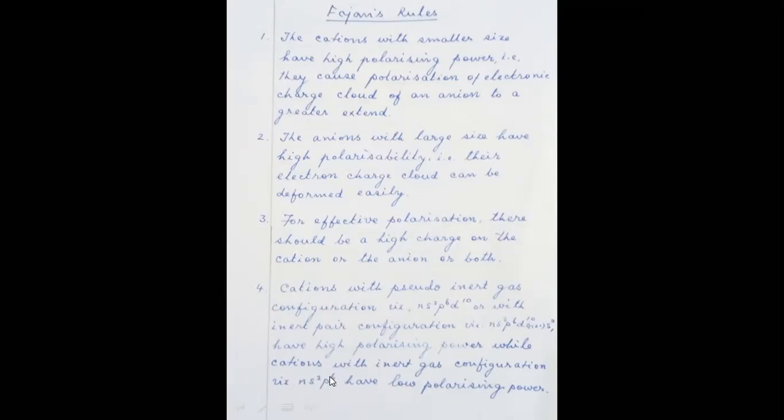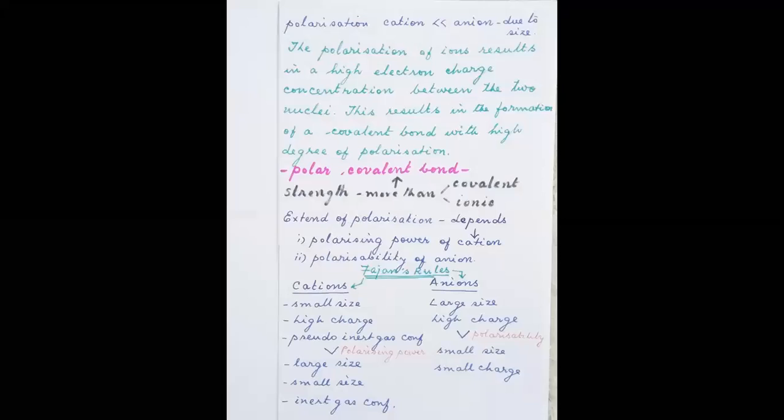But a pseudo inert gas electronic configuration will have attraction towards the electronic cloud, and also the inert pair configuration. But an atom with the inert gas electronic configuration will not have the attraction towards the electronic cloud, and hence it will have low polarizing power. So these are the four important ideas given by Fajans. This is called the Fajans rule.